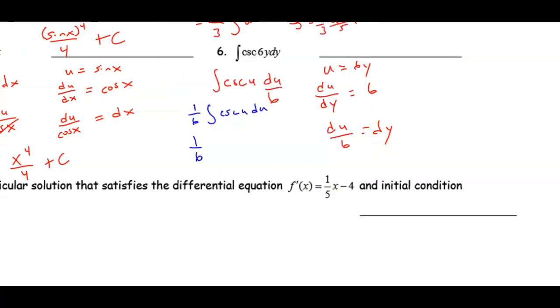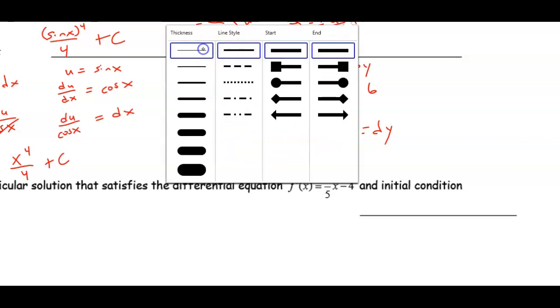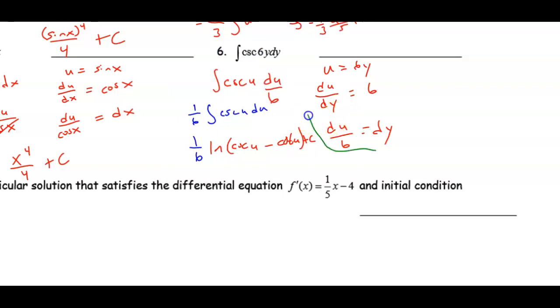Sorry. Natural log of cosecant u minus cotangent u plus c, right? So I'm going to just plug that in. Let me separate this so you guys know. And then I just plug in u. So I end up with 1/6 natural log of cosecant of 6y minus cotangent of 6y plus c.